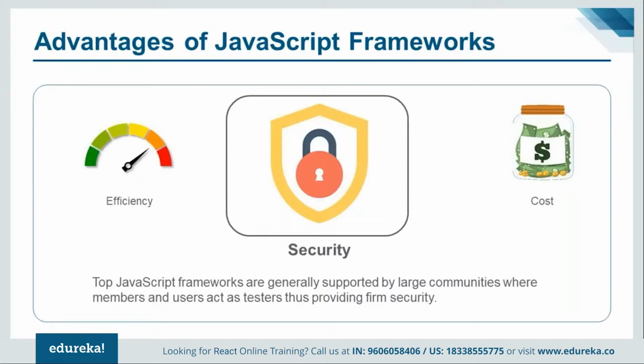Apart from that, many JavaScript frameworks are supported by an open source community. Developers keep contributing here, and individuals building new applications can reuse those functionalities and apply the security-related patterns into the application itself.